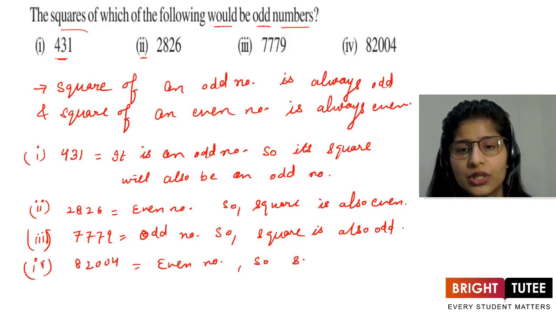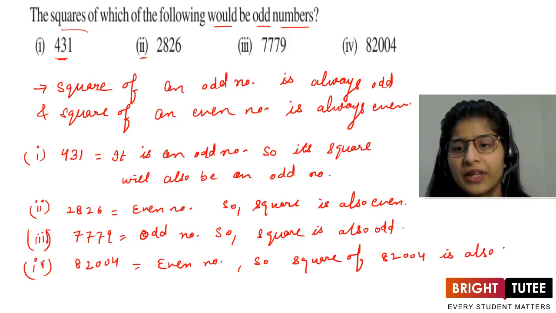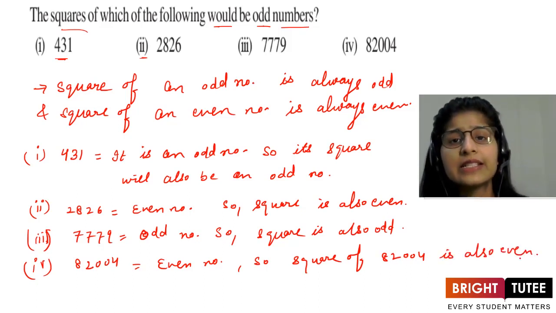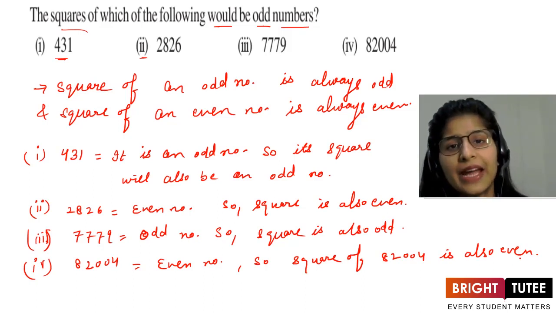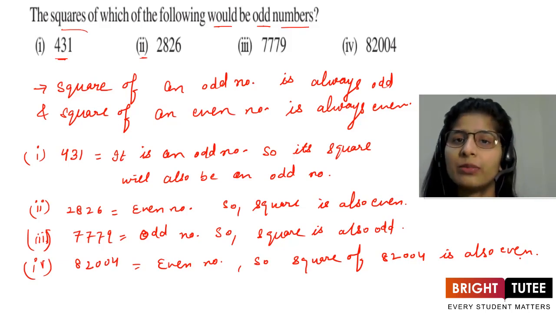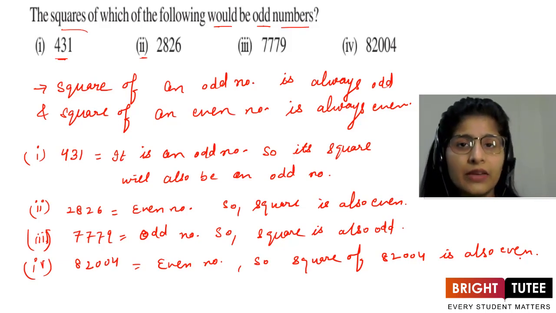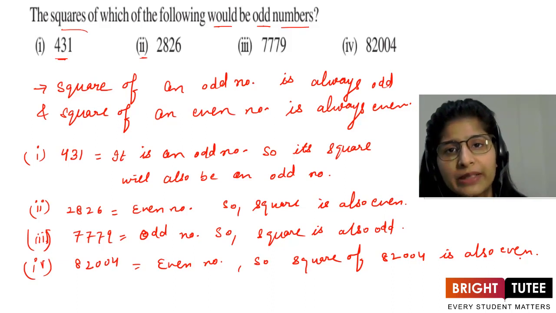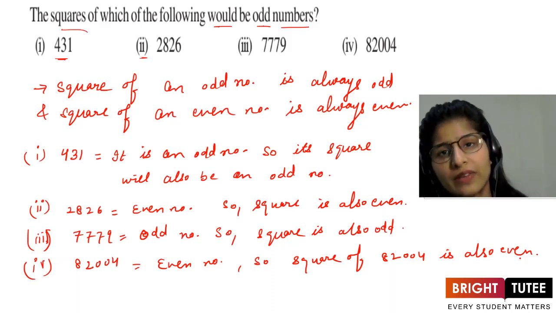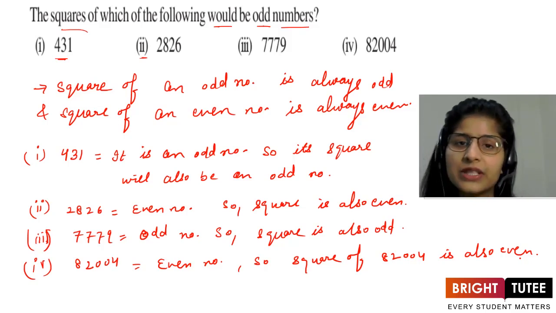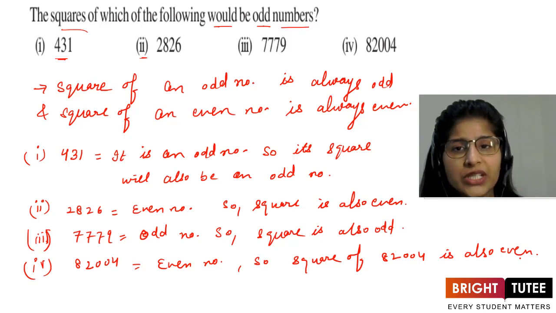So square of 82,004 is also even. This is how we write the statements, the reasons, and identify the numbers whose square will be odd, whose square will be even. This is really simple to remember: if the number is odd, the square will be odd. If the number is even, the square will be even. Clear? I hope this is giving you more clarity on properties, how to use the properties in the questions, right?